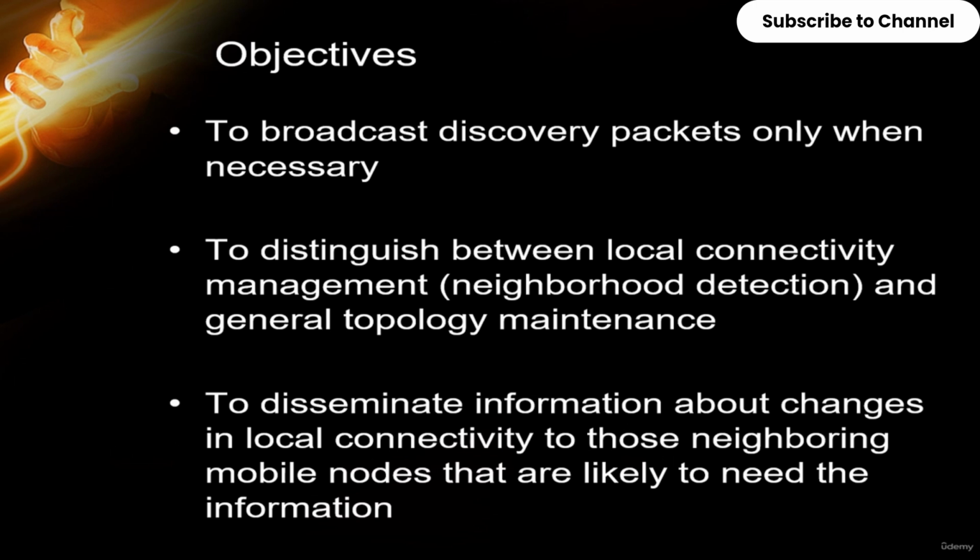Then finally, disseminate the information about changes in the local connectivity, that is, the neighbors, whenever a node is joining or leaving the network. At that time the disseminated information tells to whom it can communicate and what it can drop from its table, and everything will be given by the node's address.